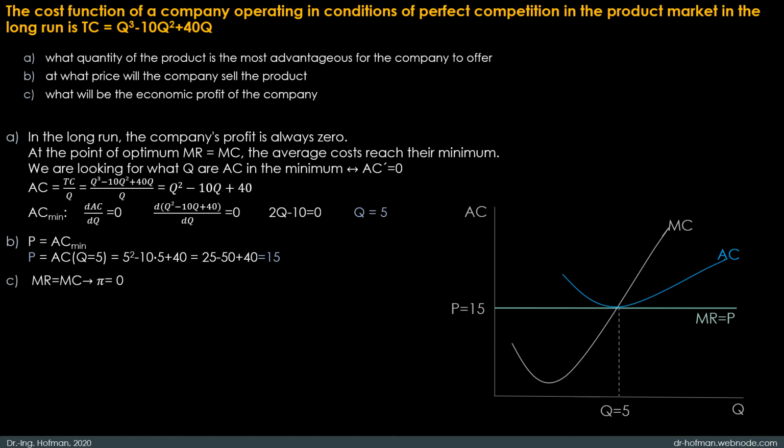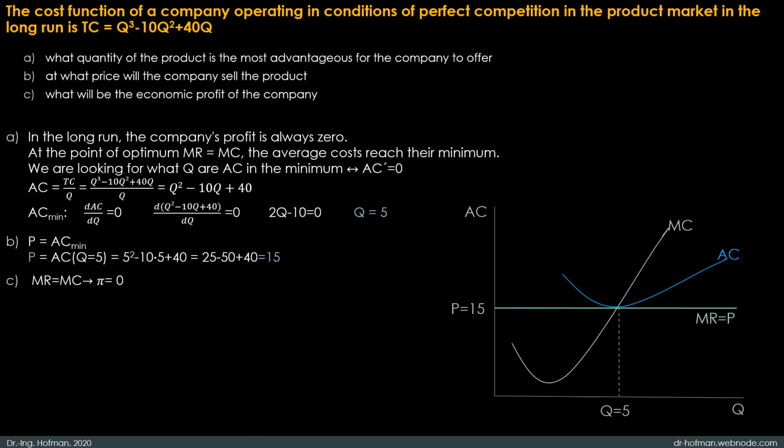That's the derivative of this expression of AC according to Q, and it should be 0 in the optimum. If you write 2Q minus 10 equals 0, then we easily get Q, which is 5. That's the optimum quantity, and we can write it in our graphical solution.